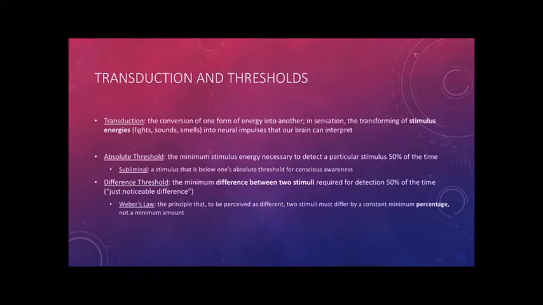Versus if I put 5 pounds on top of 100 pounds, that's just a 5% increase. I may not notice it. But if I increase that to 50%, putting 50 more pounds on top of my 100, now I will notice it. So Weber's law states it's not a minimum amount, but a minimum percentage that the two stimuli have to differ by in order for you to reach the difference threshold.